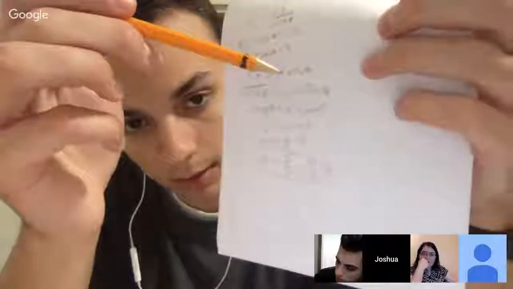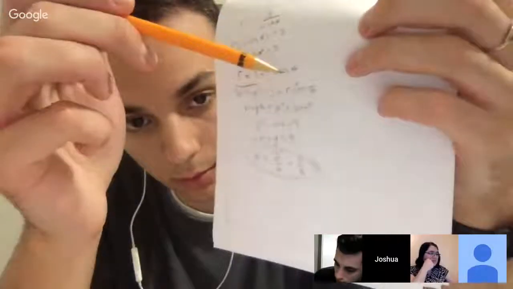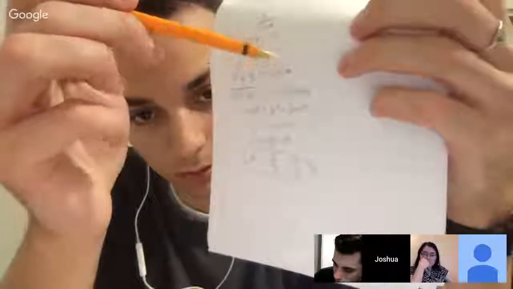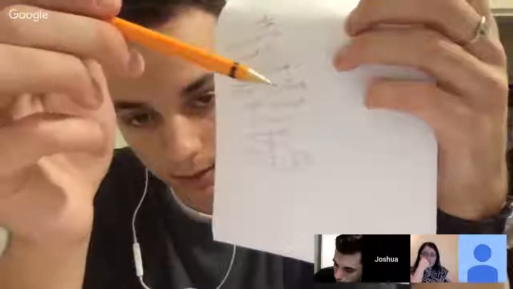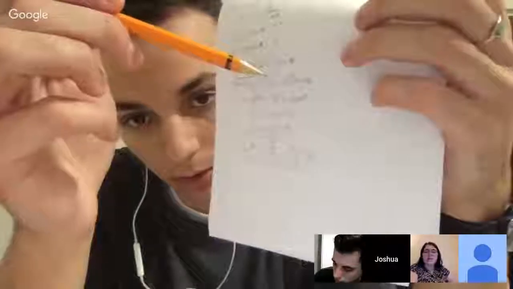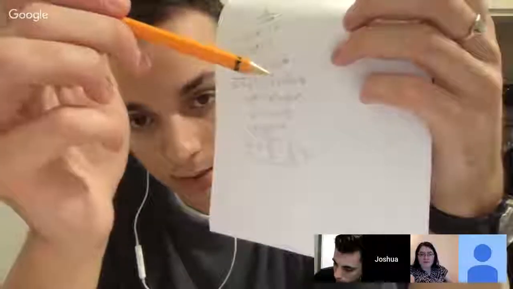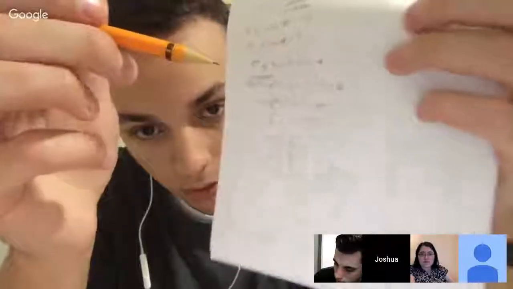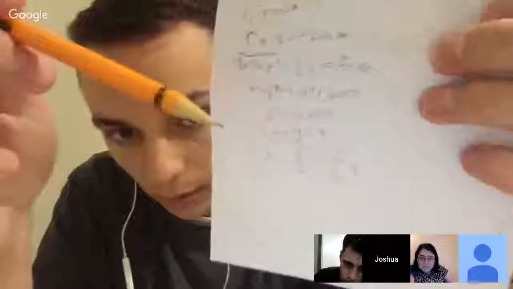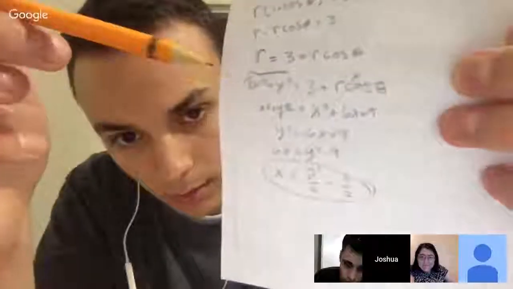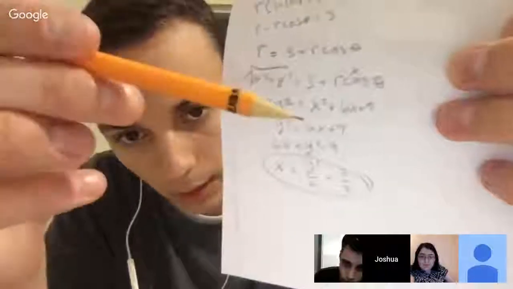So it's r equals 3 plus r cosine theta, which is then, r cosine theta is just x. So then over here you have r equals 3 plus x.